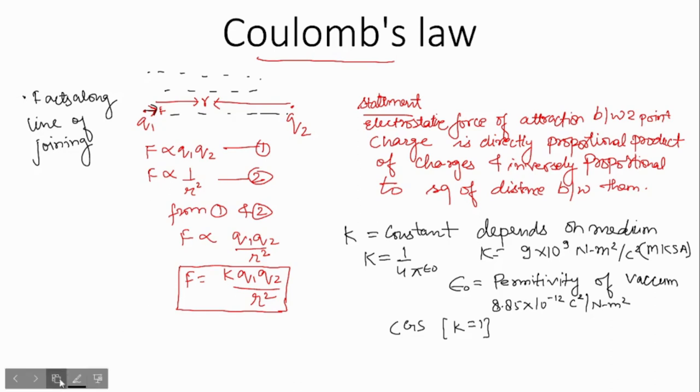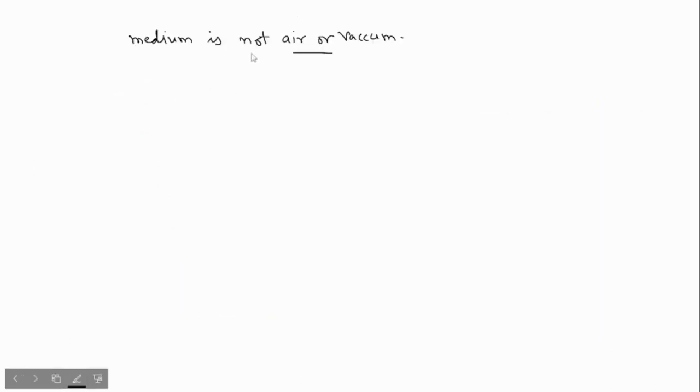Now when the medium is not air or vacuum, we'll see how the force will change. Let's say the other medium has permittivity epsilon. Then the force will be 1 upon 4 pi epsilon times q1 q2 upon r square, where epsilon is the permittivity of that medium.